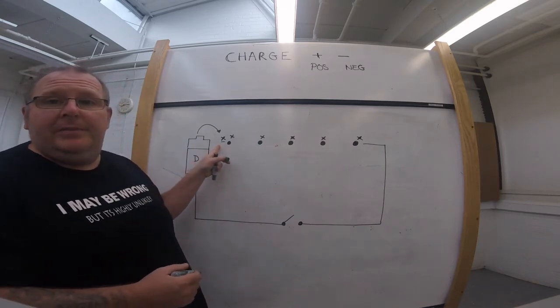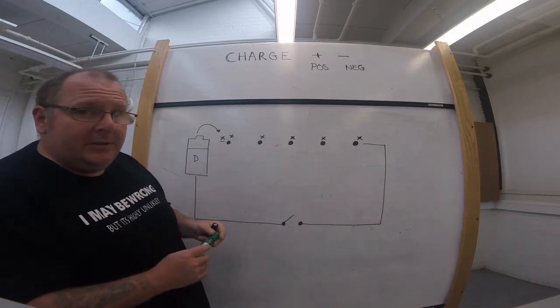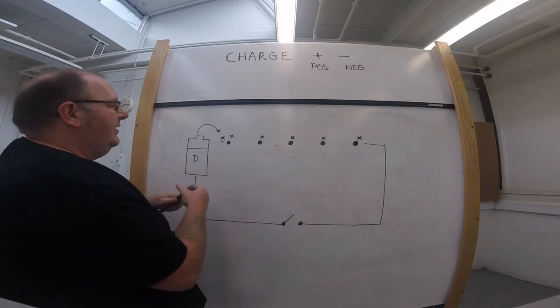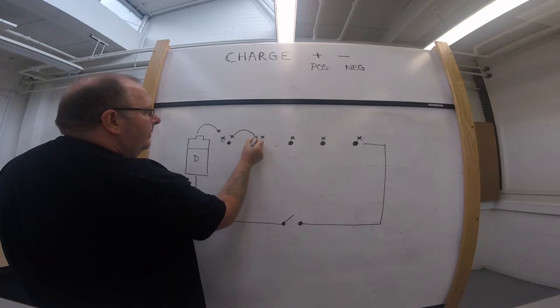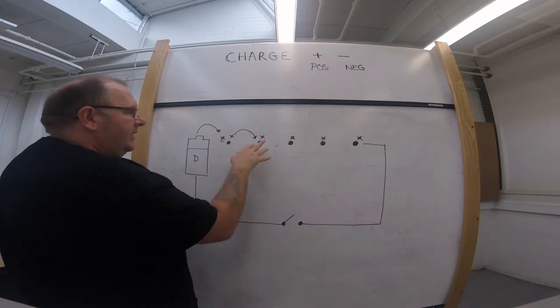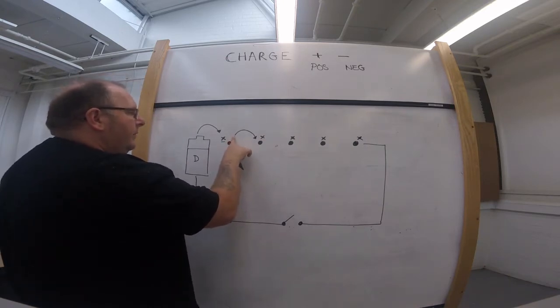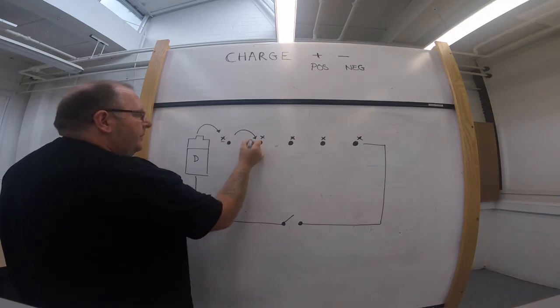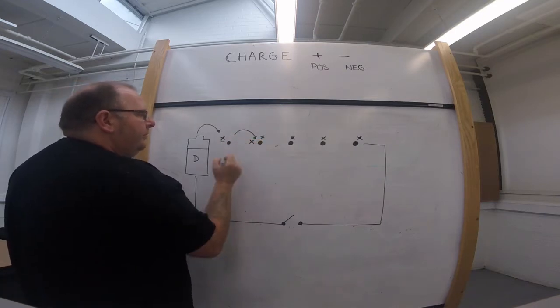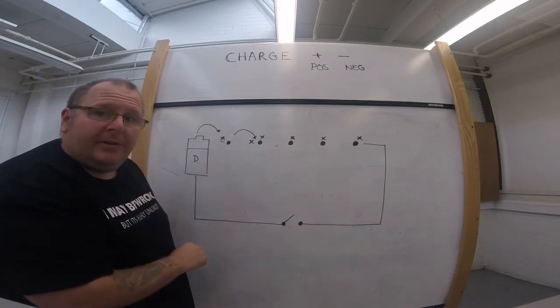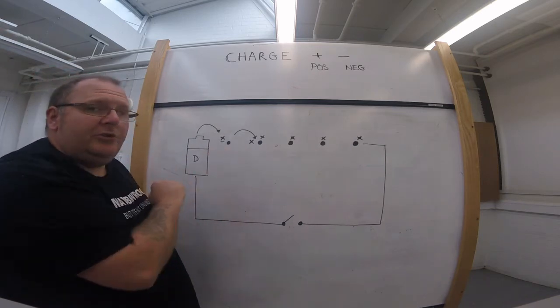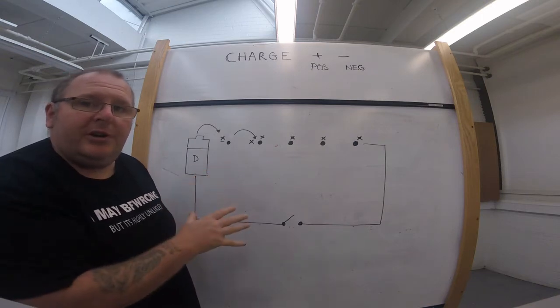I've given it 1 extra. Well, what it has to do is it has to send one of its electrons over here to the next atom. So we'll draw the electron in there. This electron is happy now.